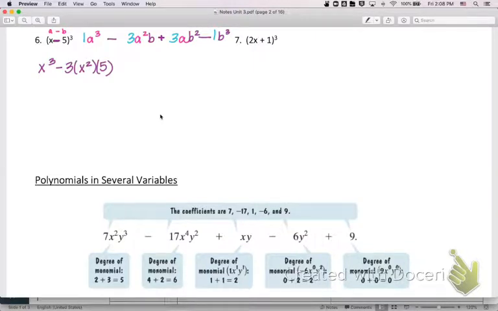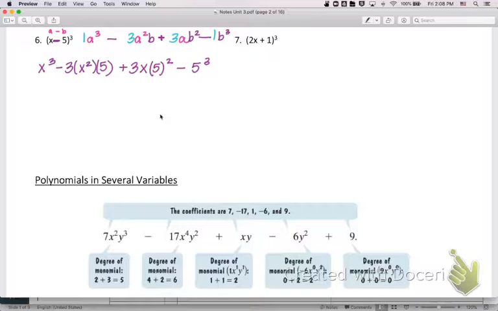Notice we didn't use negative 5 because we've already built the minuses where they need to go. So A and B are going to be positive numbers whenever we plug them in. Then I have plus 3 times A, which is just X, and then times 5 squared, minus 1 times 5 cubed.